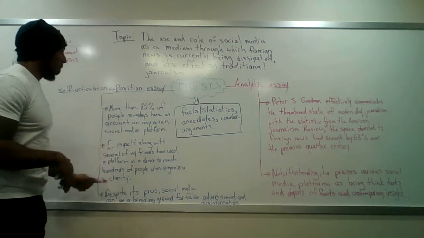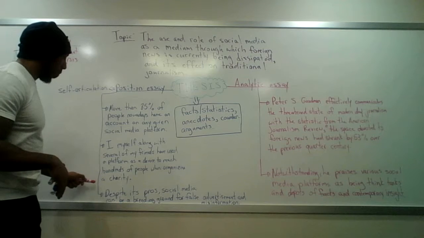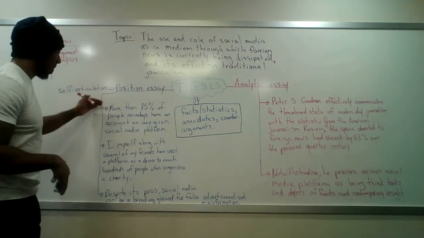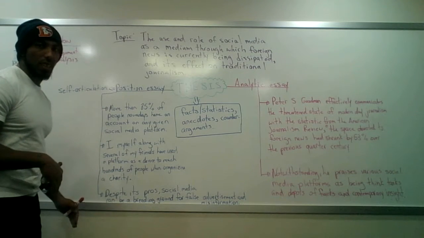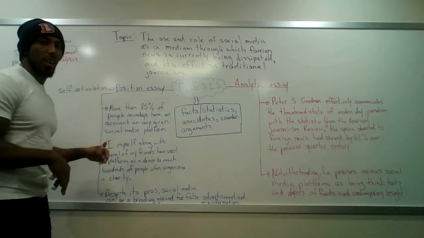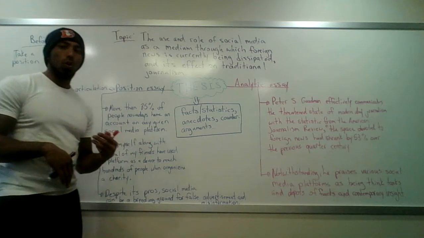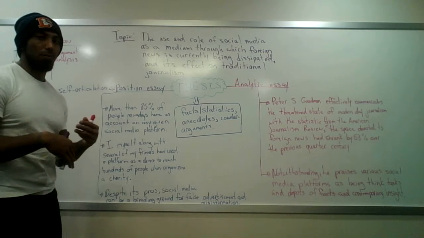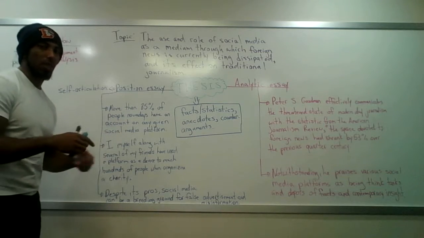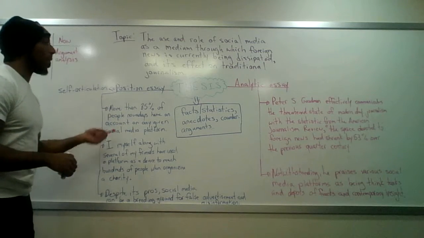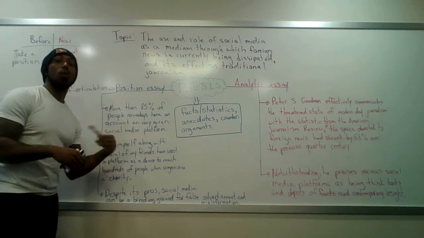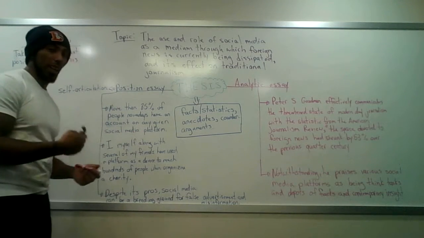And I've mapped out three different points of the thesis, parts of the thesis that the writer would use to construct his or her composition, his or her paper, right? And they're going to be the same for each side, but the way in which you approach it, like I said before, is going to be a lot different, okay?